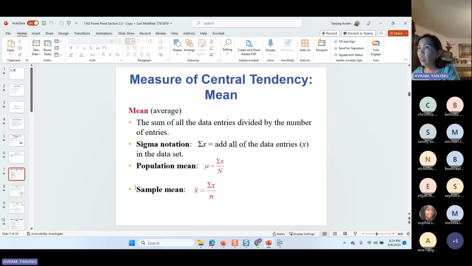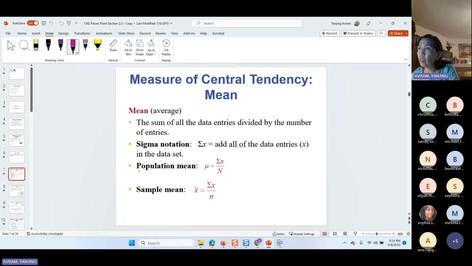The mean here, we have the population mean, and we also have the sample mean. Actually, these two calculations are the same. It's just using a different symbol. All right. So when you have a population, we're using this Greek letter called mu. This one is pronounced mu. Okay.